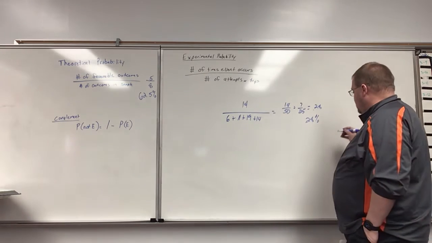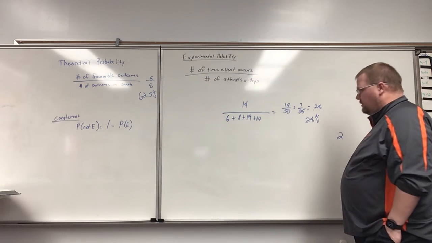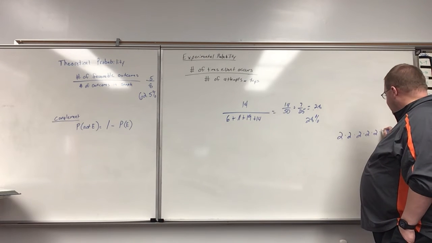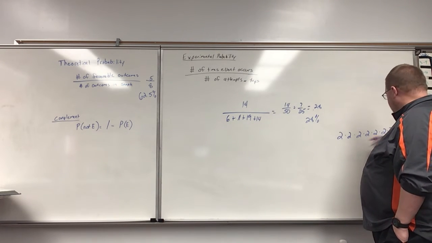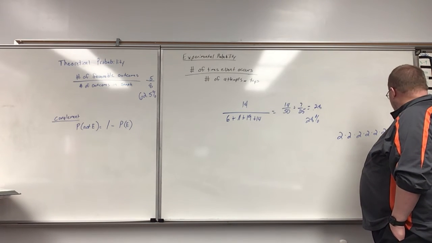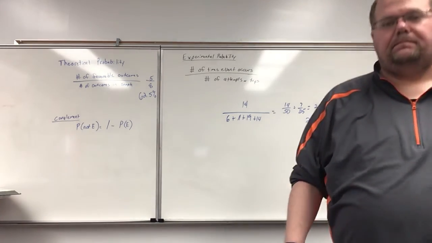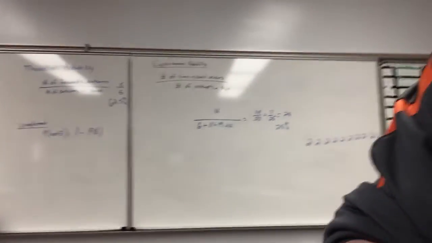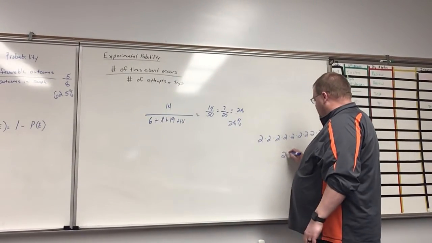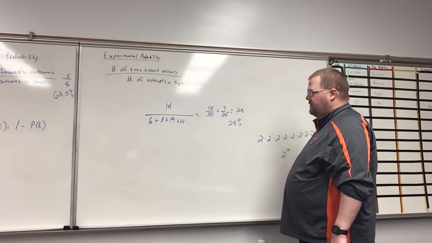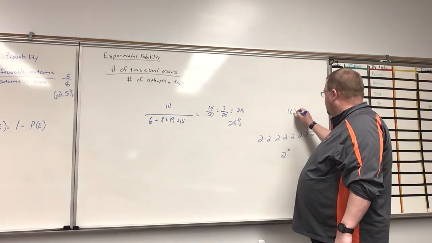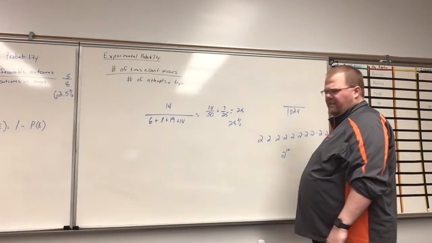There's 2 times 2 times 2, because there's 2 possibilities for each of these, right? How many times? 10 times. So 2 to the 10th power is 1024, I believe.